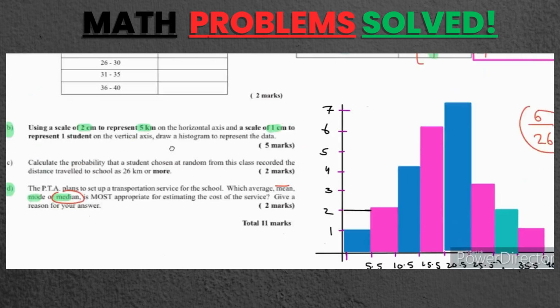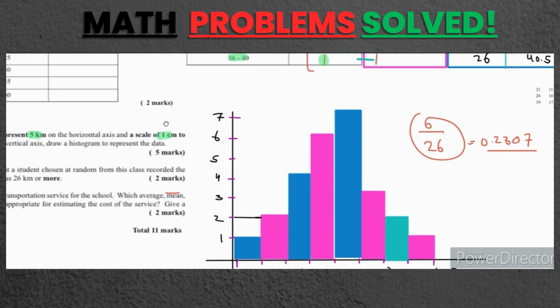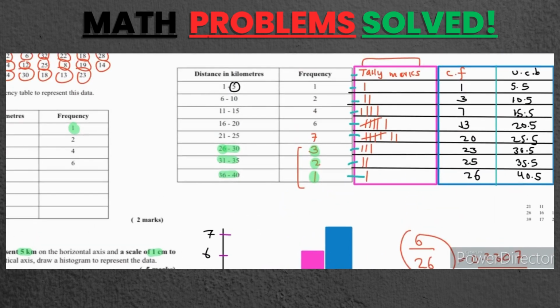Why? Because it's the central value, right? For example, if we look at the first 3 groups and the last 3 groups, the median groups are these 2, right? So how many students are here? 6. And how many students are here? 6.